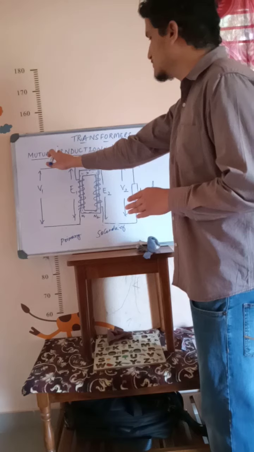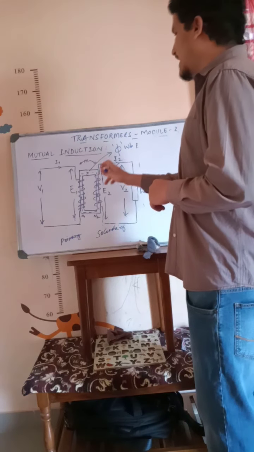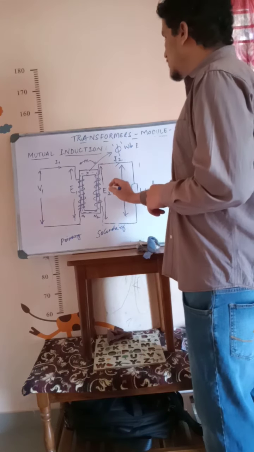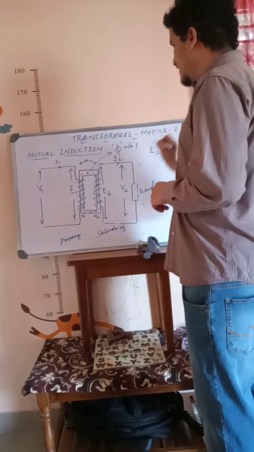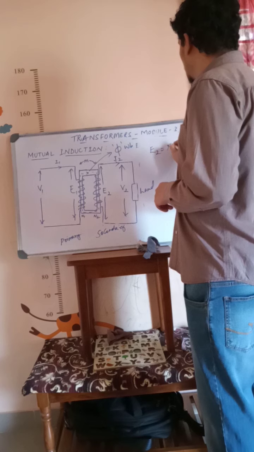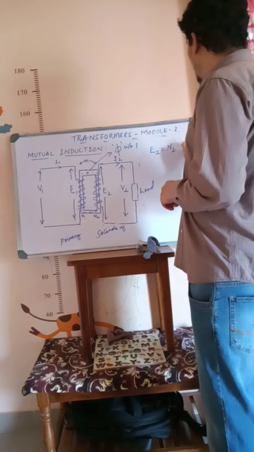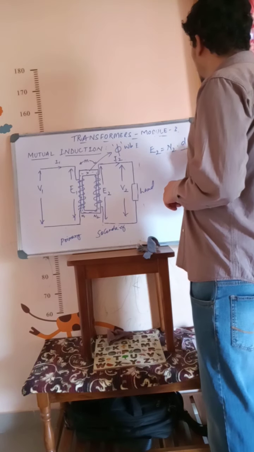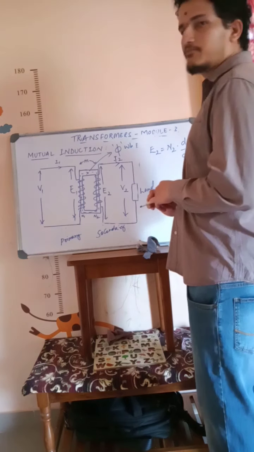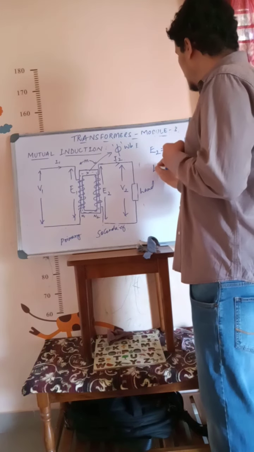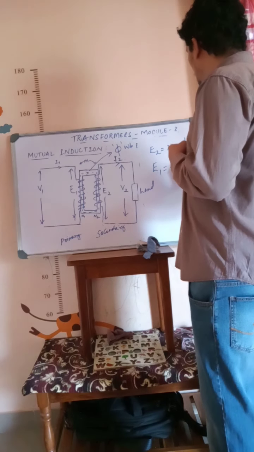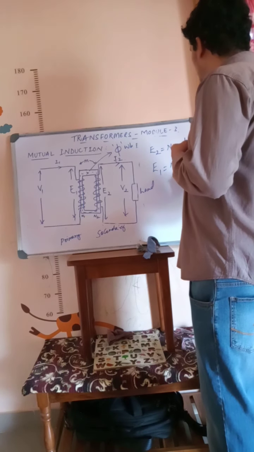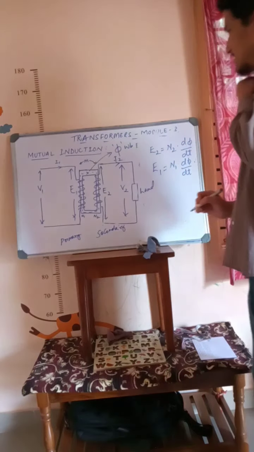This phenomenon is mutual induction, and the amount of induced EMF E2 is given by N2 into d phi by dt. If I write, E1 is equal to N1 into d phi by dt. Am I right? Yes.